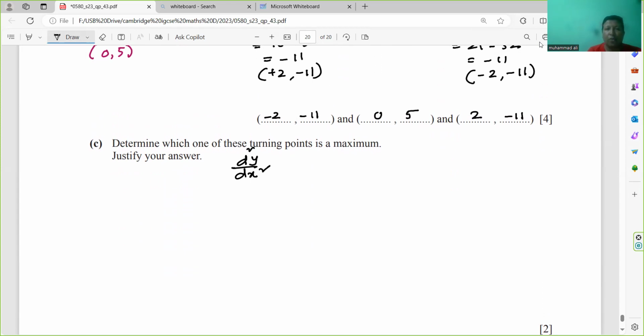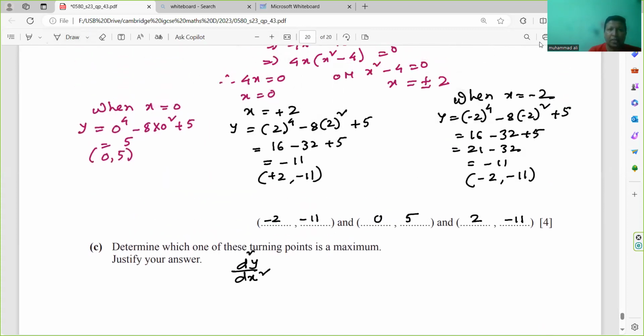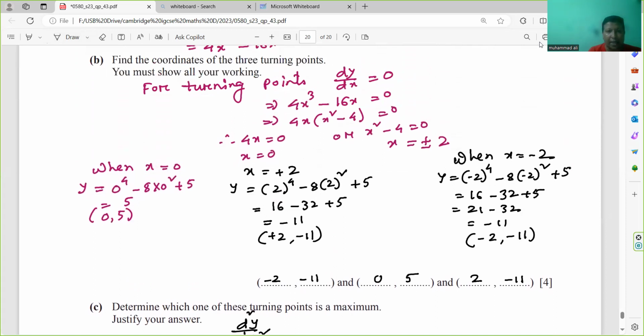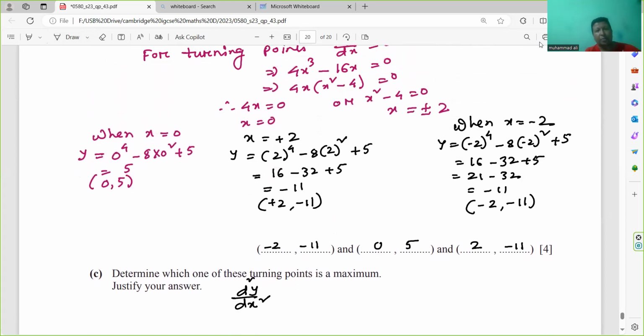So if we get d squared y by dx squared, and here we put the x value, if we get a positive value, then the turning point is minimum. But if it is negative, the turning point is maximum. So if we differentiate dy by dx again, we will get d squared y by dx squared.